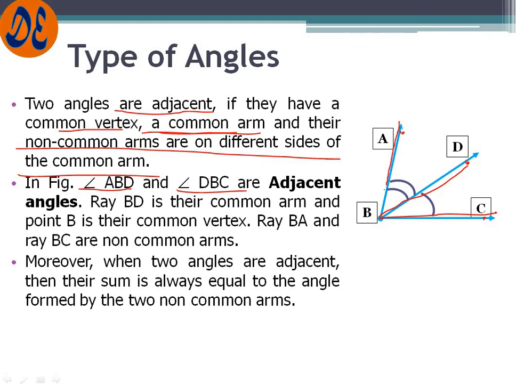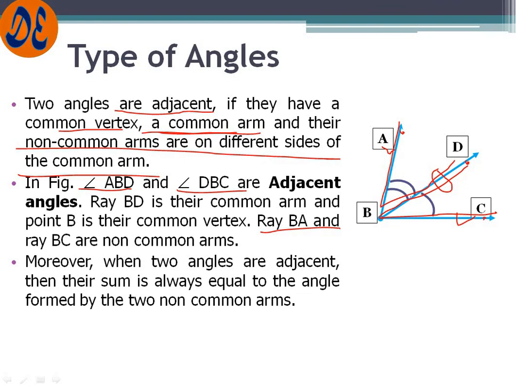so in both these angles you can say this is the common line, or you can say the ray is common. And which are the non-common? AB and BC, both are non-common rays of this angle, and both are on different sides. You just see that this is common, so AB is on the upper side and BC is on the lower side of this angle.